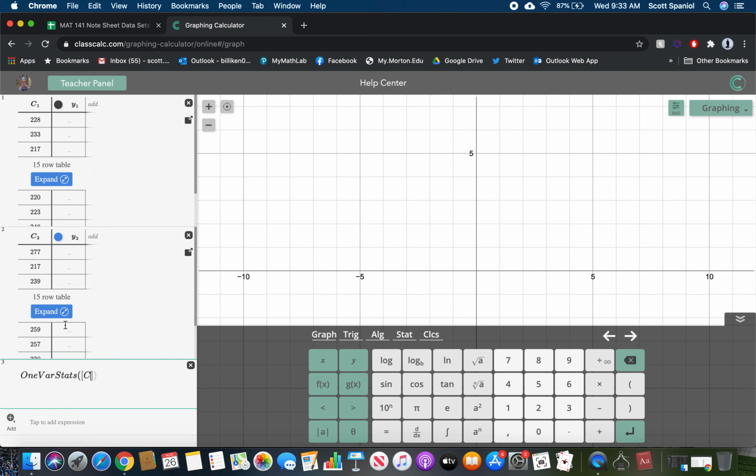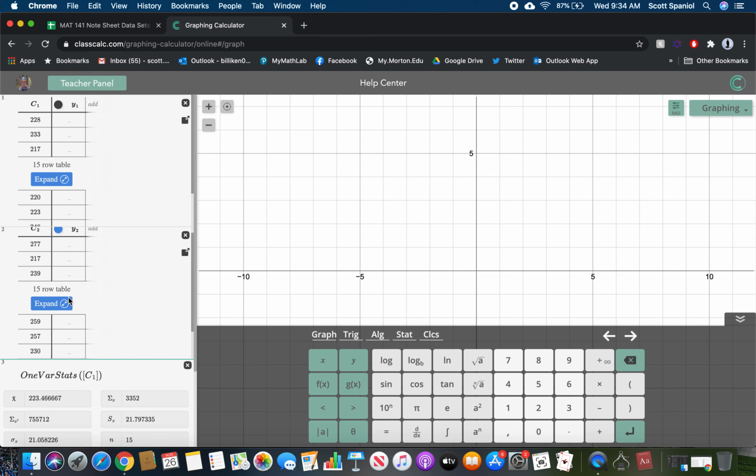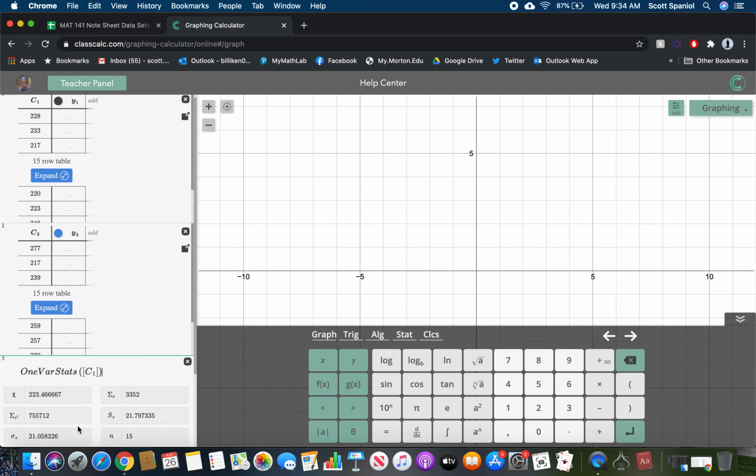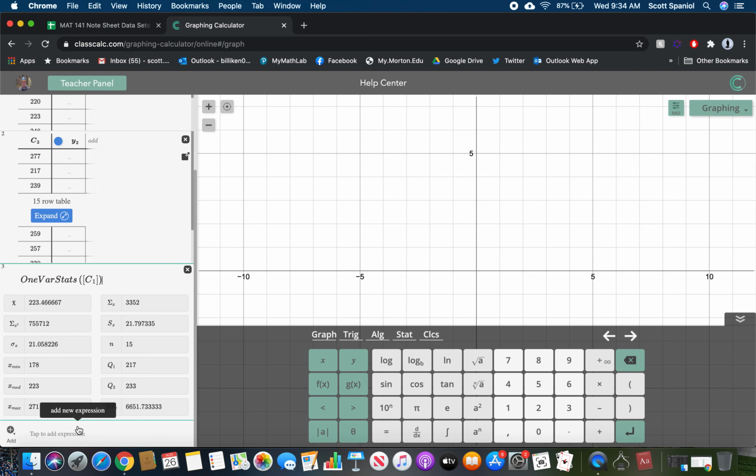And now I can type in C sub 1, and it'll find all of the different data values I really want for this car. So we've got the mean X bar is 223.47, and then we can see the median is down here is 223.